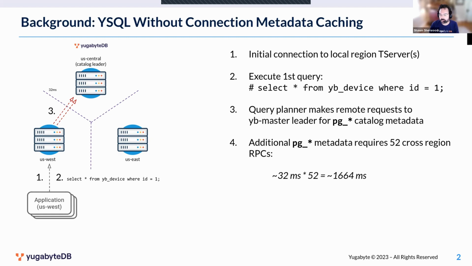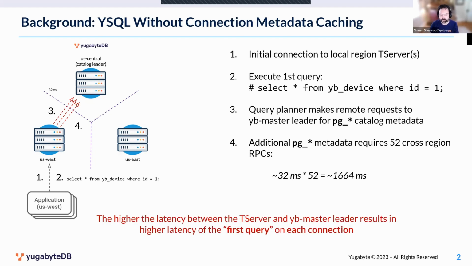In this specific query, I measured 52 cross-region RPCs, in addition to the original one for the data for the YB device. Doing rough math, that could lead to 1.6 to 1.7 seconds of extra latency. And it's the first query of each connection where this surfaces. The second and third queries don't see these additional hops.